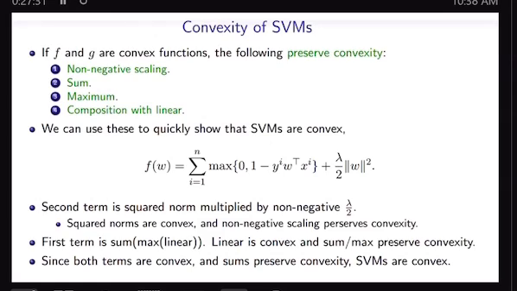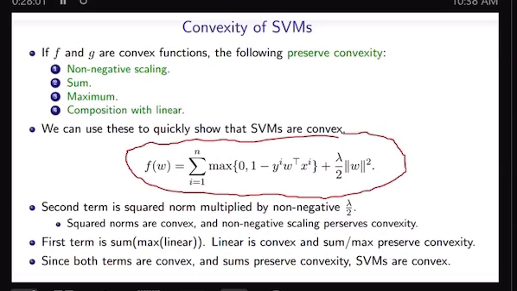Now, take it. I said if f and g are convex functions, the following preserve convexity. We just talked about the non-negative scaling, the sum, the maximum, the composition with only linear. Every other composition, not convex. Now, let us put that into consideration and apply it. Take a look at this.